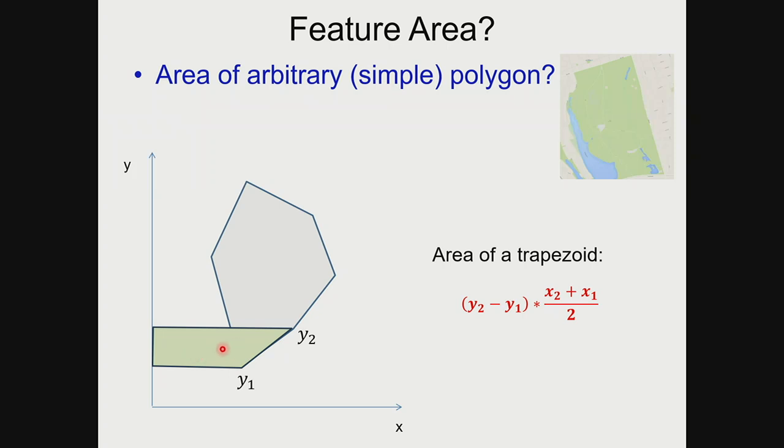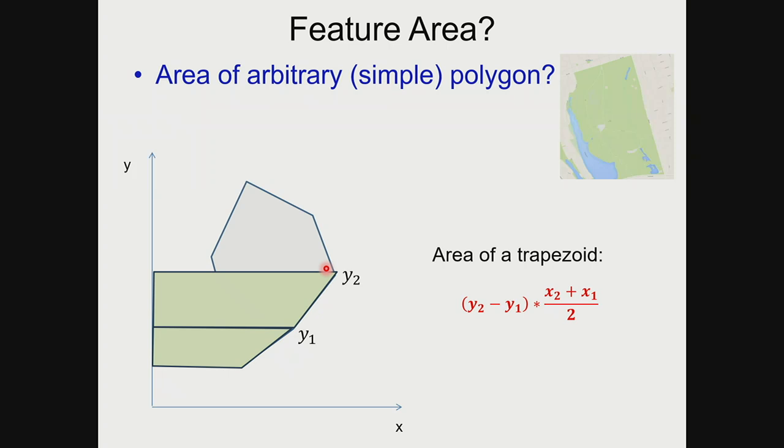Since y2 is greater than y1 in this case, the net area here is positive. When you do y2 minus y1 times (x2 plus x1) over 2, this is positive, right? So we do that once, and then because we know that the points are ordered, the next point that we're going to go to, for example, is going to be this point here.